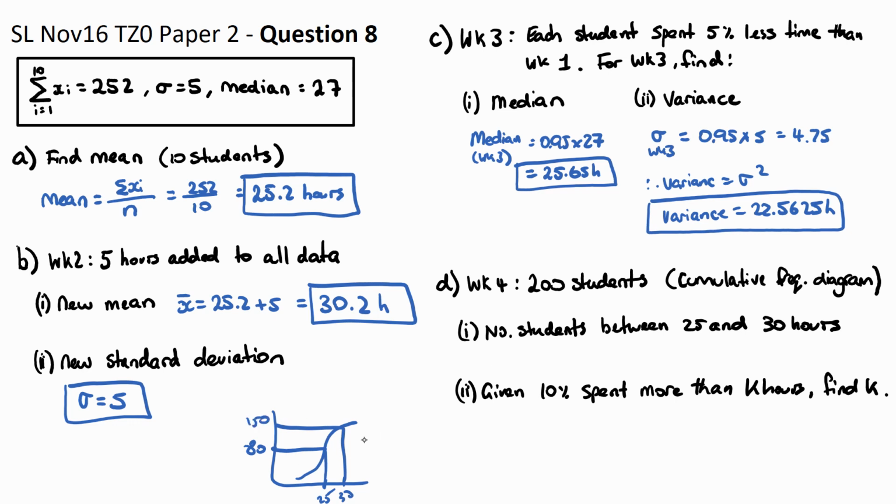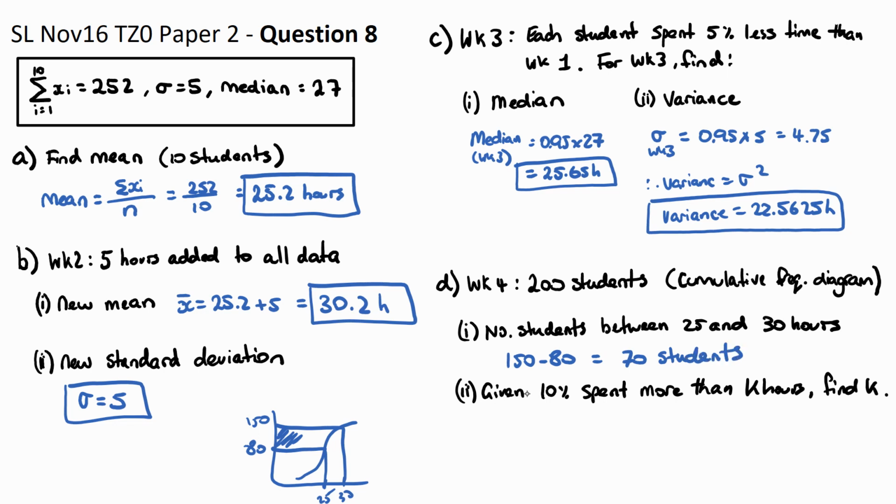So the number of students who will browse between 25 and 30 will be these 70 students here, because the gap between 150 and 80. So this will be 150 minus 80 equals 70 students.